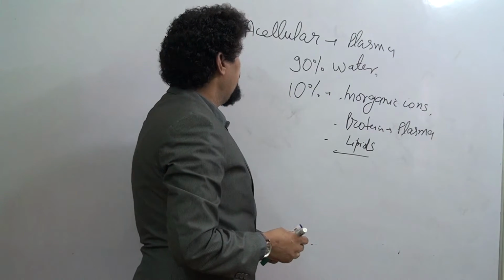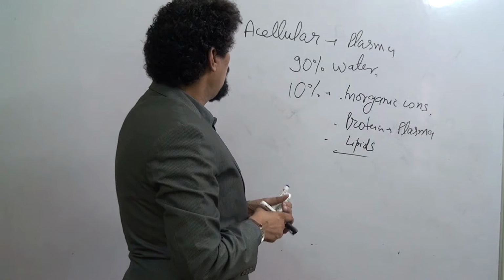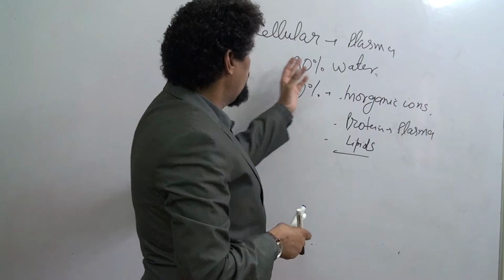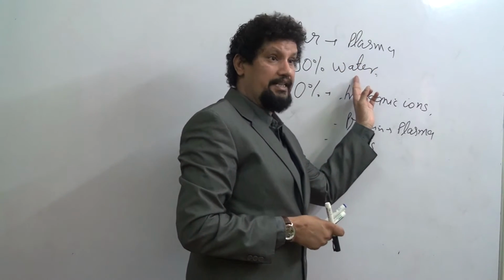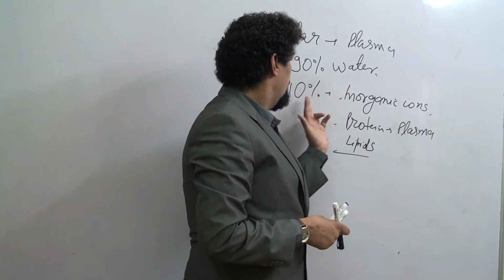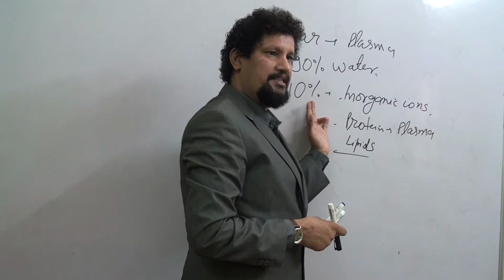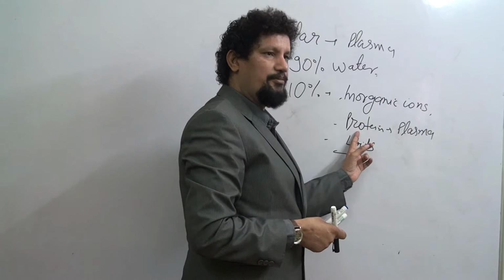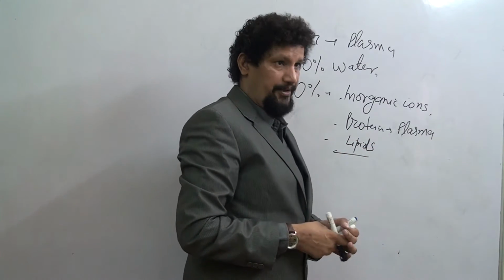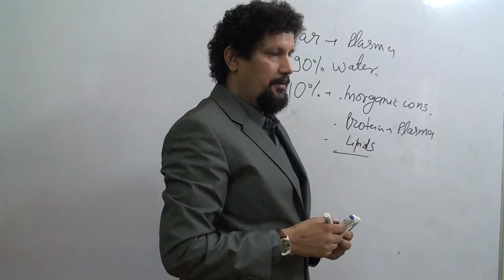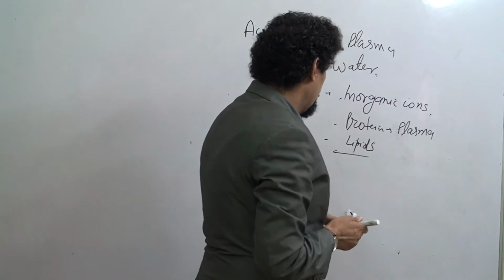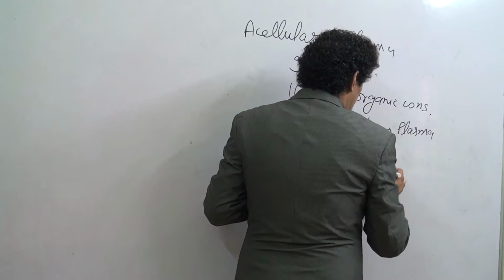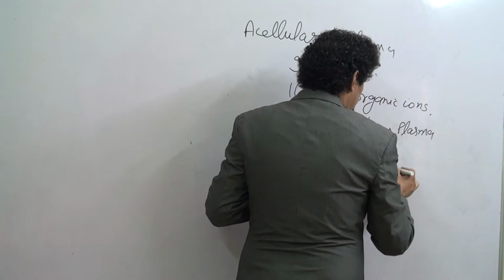So the acellular or non-cellular component of blood is formed by the plasma, which has 90% water. The 10% of plasma is formed by inorganic ions, plasma proteins, and lipids. The plasma proteins are three main proteins, the first known as albumin.